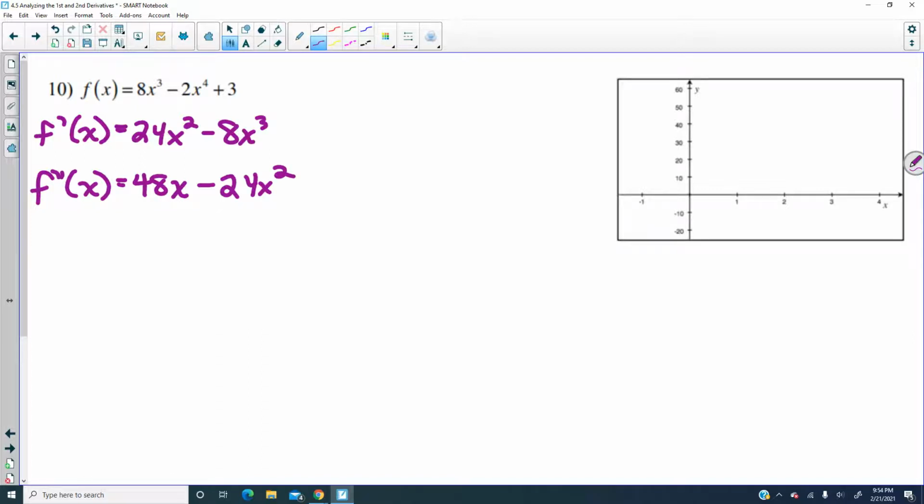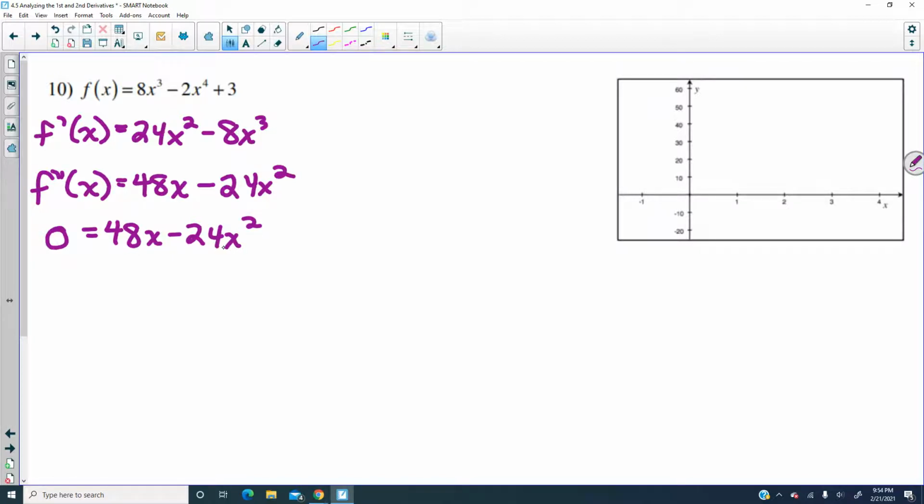When I go to find my critical numbers, I need to set this equal to 0. I don't have any places where there's a denominator with x, so I don't have to worry about where this would not exist. So set it equal to 0: 48x minus 24x squared equals 0.